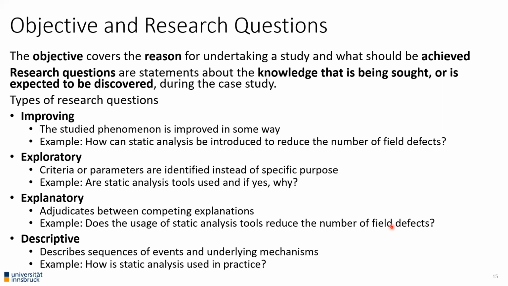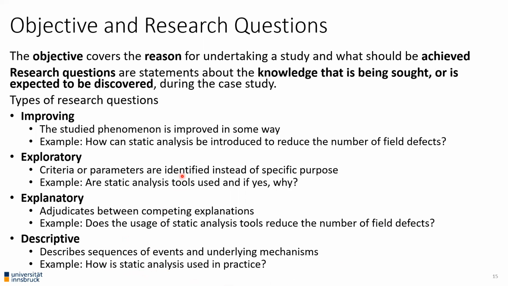You could ask, aren't the type of testing that I apply, the initial quality, the established process, or the product that I investigate influence factors that somehow blur the influence that the static analysis tool has? And finally, descriptive, such as: how is static analysis used in practice?